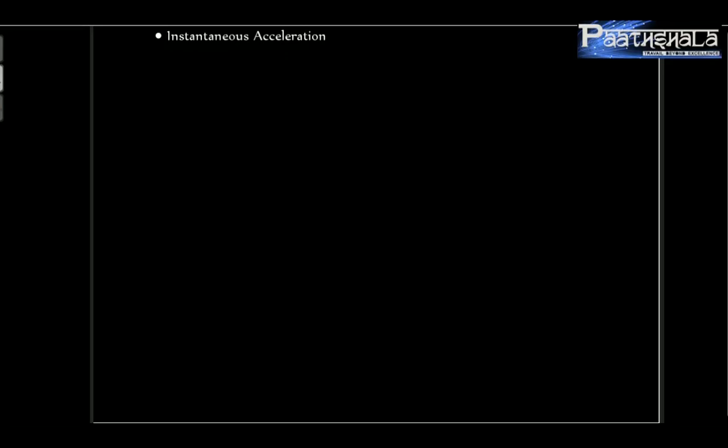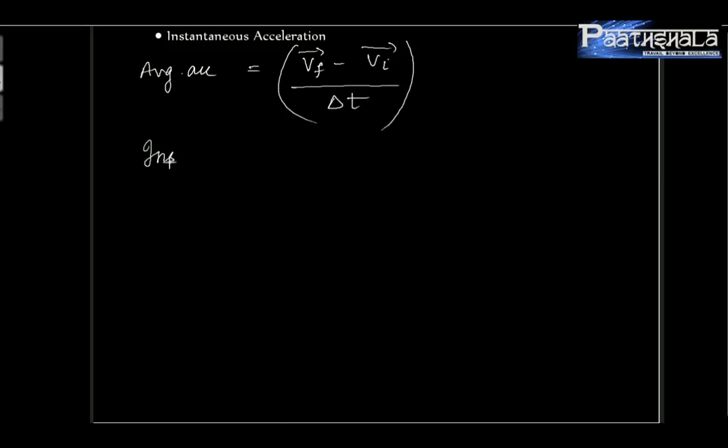So again, average acceleration is given as change in velocity, v final minus v initial, upon change in time, delta t, and instantaneous acceleration is given as the instantaneous derivative dv by dt.